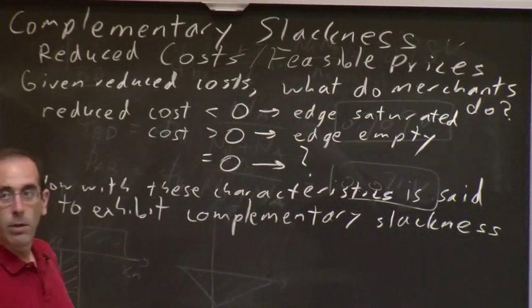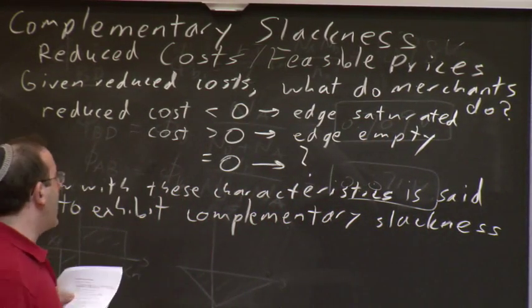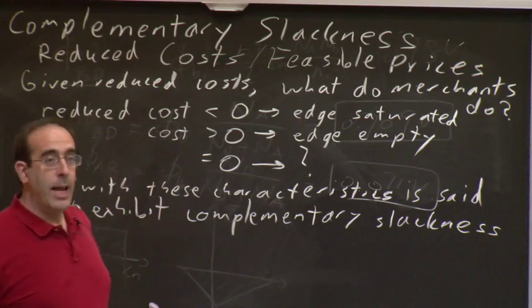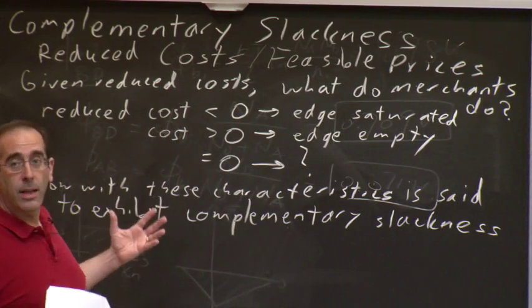Okay. And what is this complementary slackness? Well, what it's saying is that if one side is slack, the other side is tight.